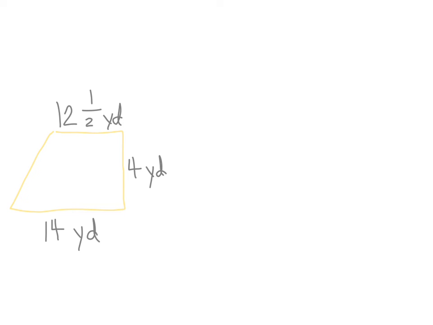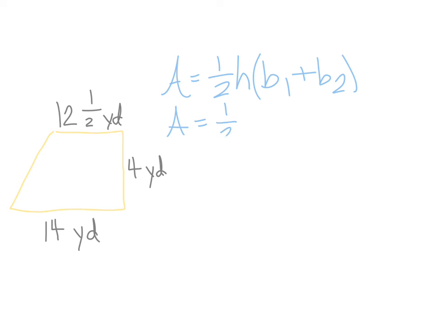Okay, let's try this out one more time. I will rewrite my formula. Area equals 1/2 times height times B1 plus B2. Okay. My height is 4. B1 I will call 12.5 plus 14.